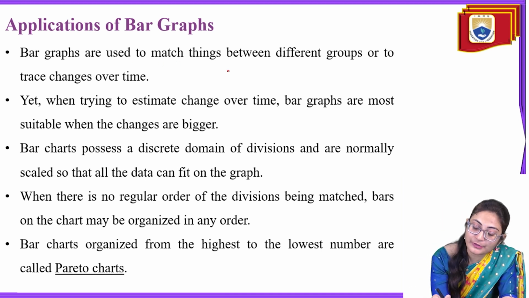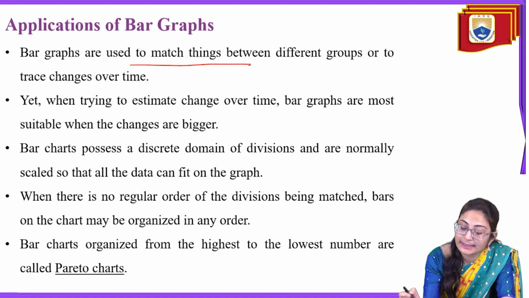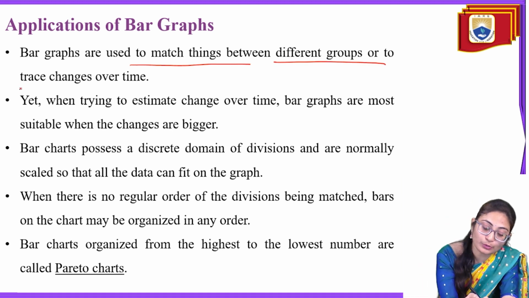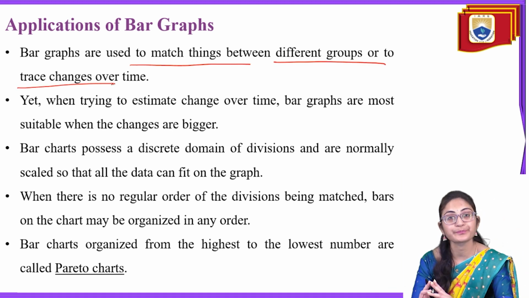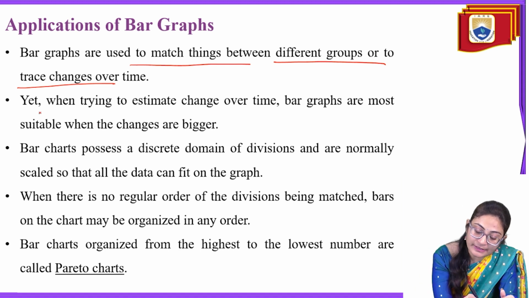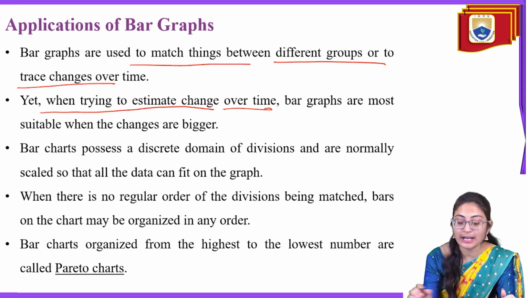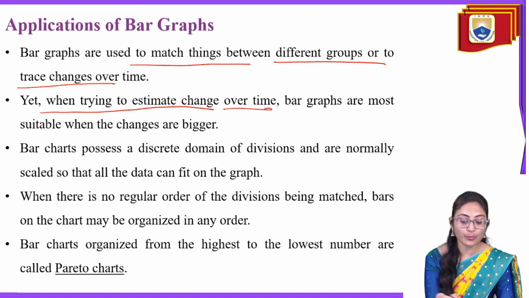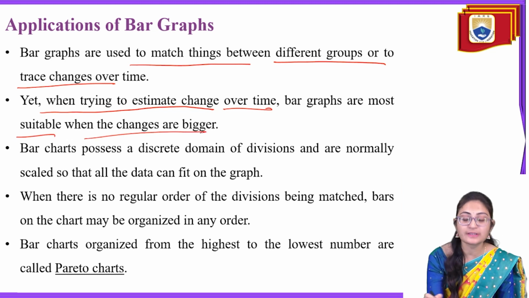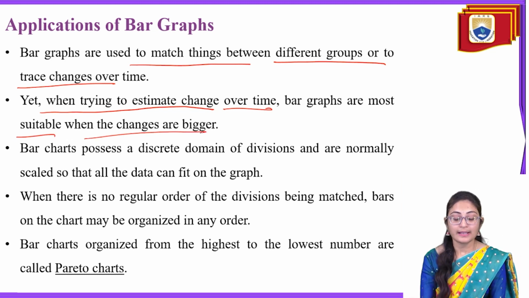Bar graphs are used to match things between different groups or to trace changes over time. Yet, when trying to estimate change over time, bar graphs are most suitable when the changes are bigger.